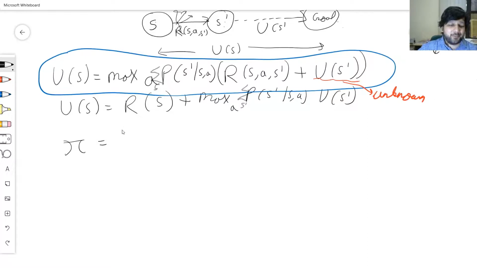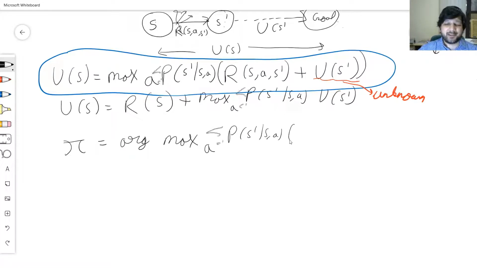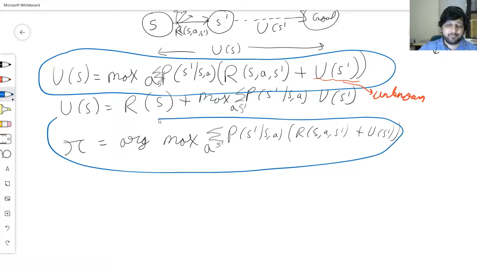So policy is nothing but argmax over A, and then you get exactly the same expression, P S dash given S A. So which A did you choose in order to get this maximum? That is your policy. So it will be up, down, right, or left. And that's the one that I will need to calculate.